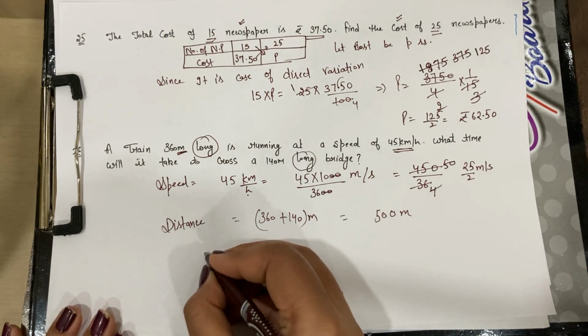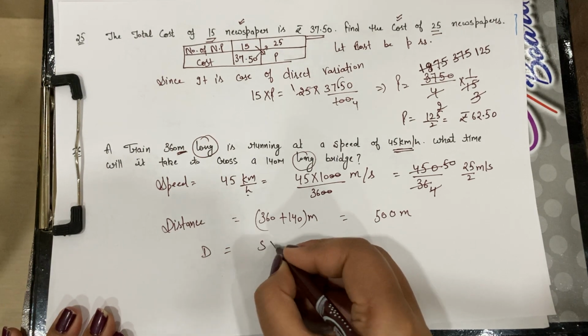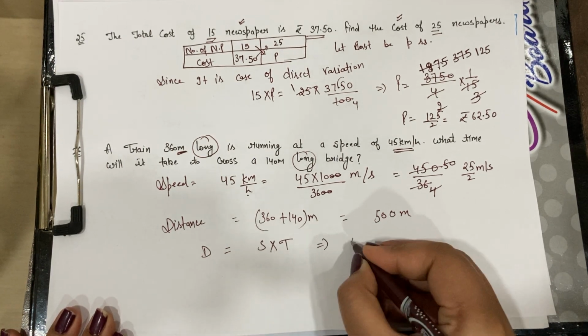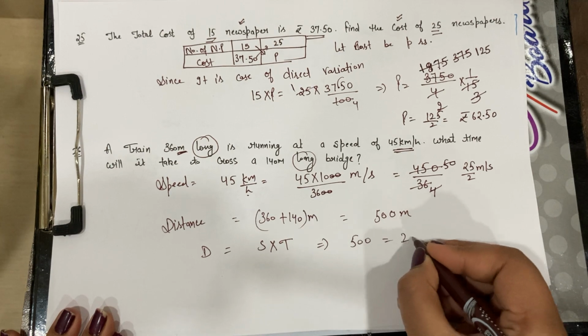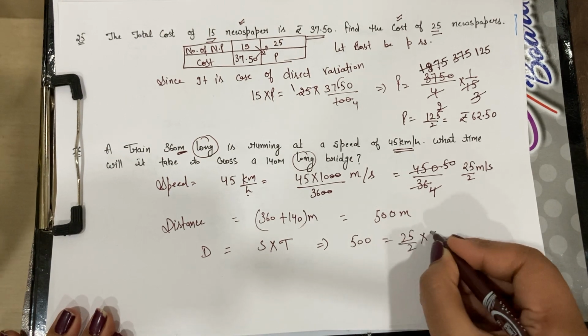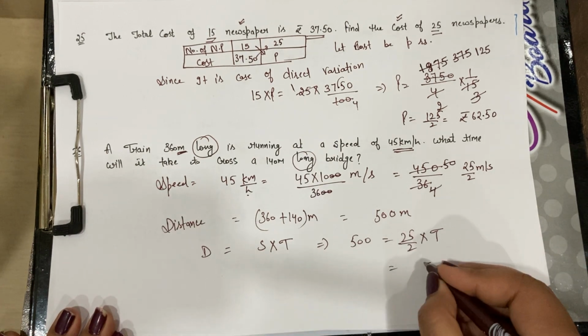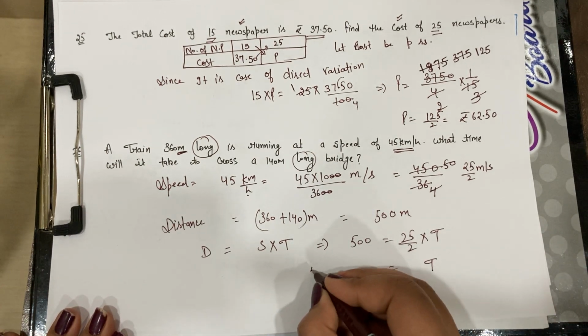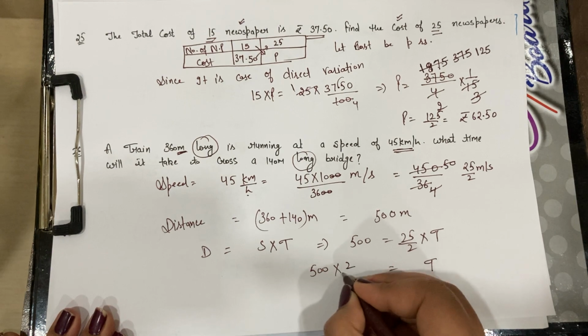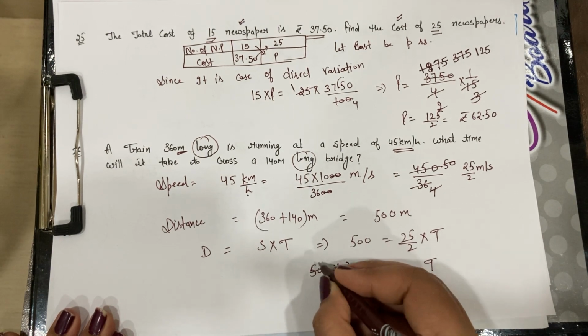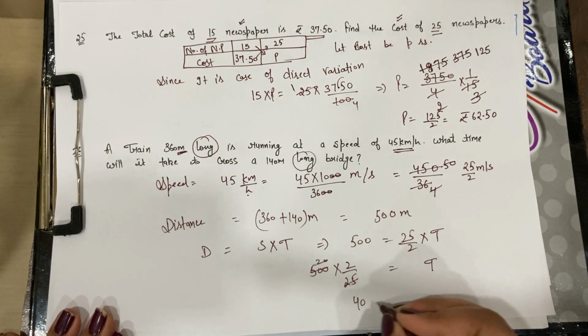Correct? Now you know that distance is equal to speed into time. So 500 is equal to 25 upon 2 into time. We do not know the time, that is what we have to find out. What time will it take? So take the reciprocal there. 40 seconds.